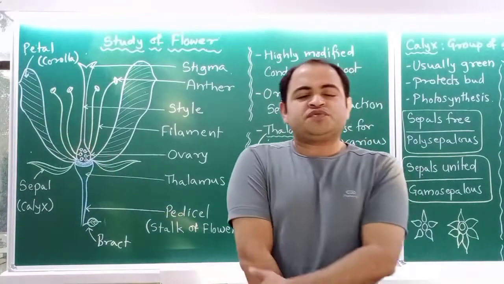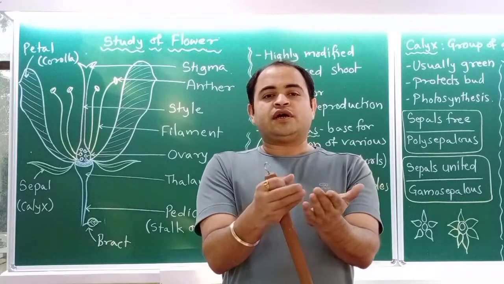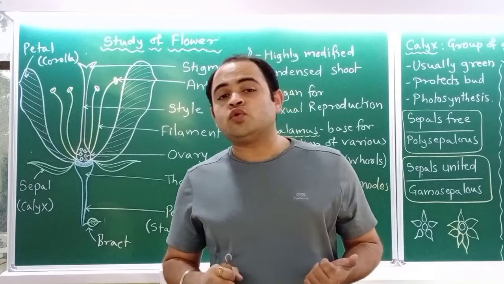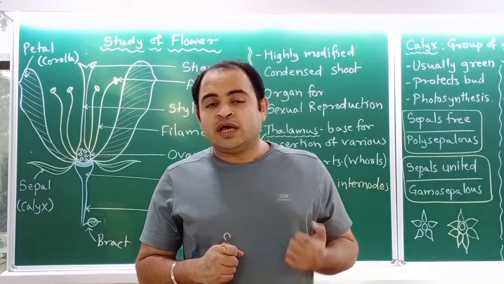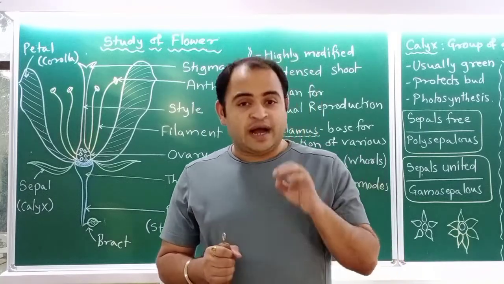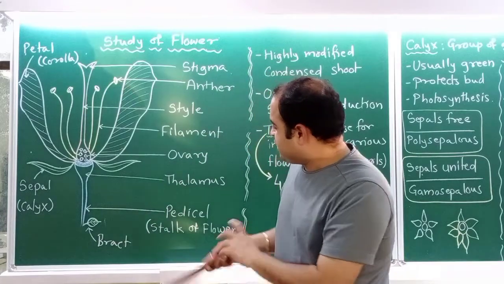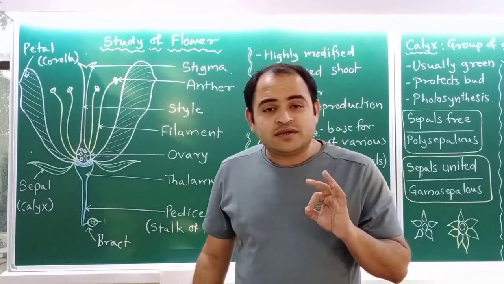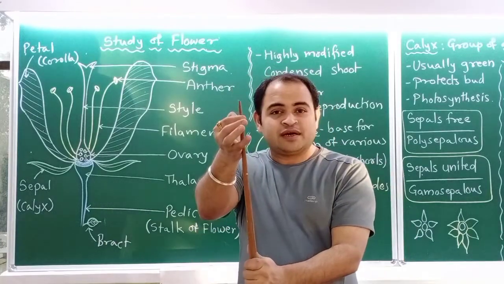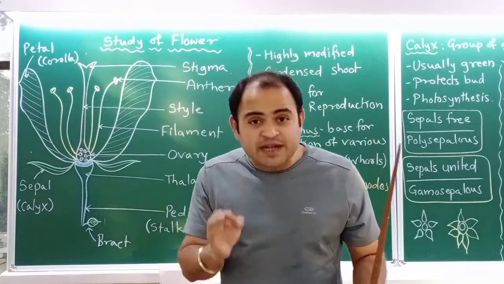Once again, this particular thalamus is nothing but a disc-like structure, and it is always provided with nodes and internodes. This is the proof of my statement that initially thalamus was a stem, because in the stem you can expect nodes, and between two nodes there is a region of internode.